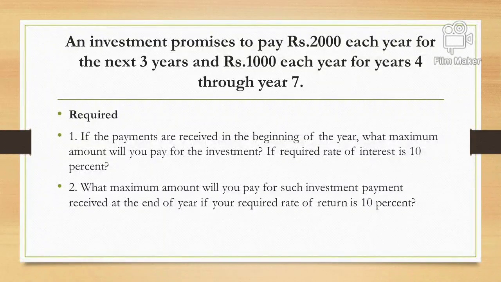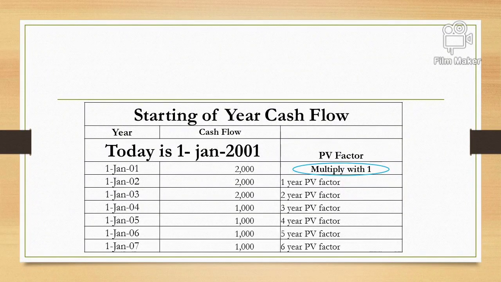So in the slide, let us first identify the effect of ordinary annuity and the effect of due, that is, beginning of the year. Let us first understand the effect of due. Let us assume today is 1st January 2001, and the company will be paying us 2,000 rupees right now.